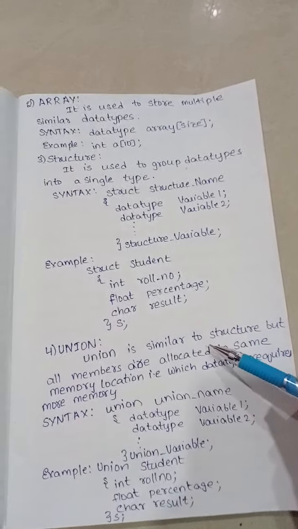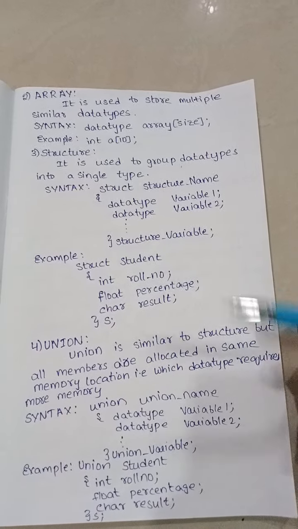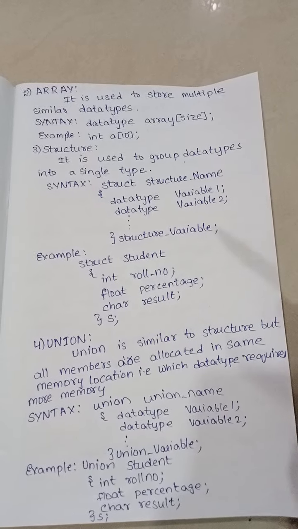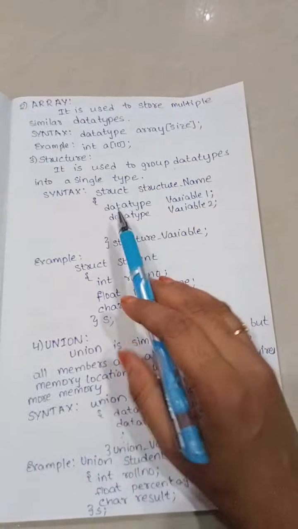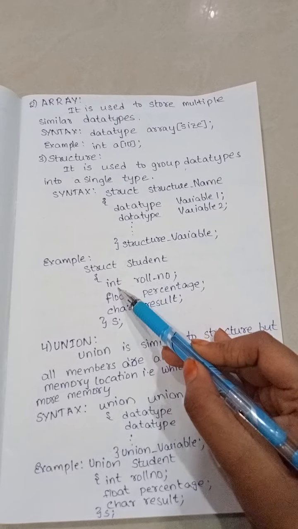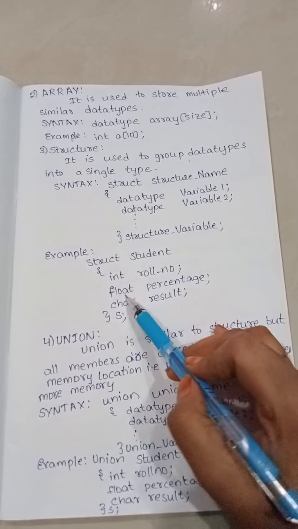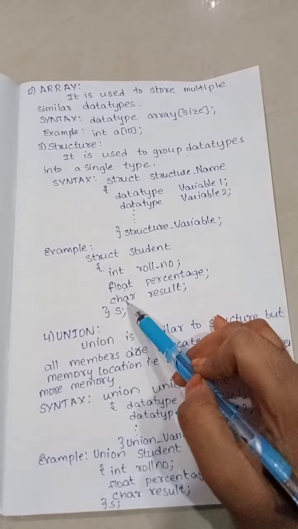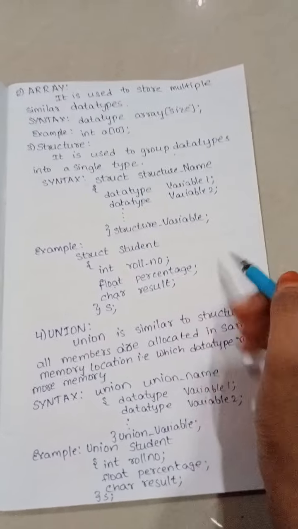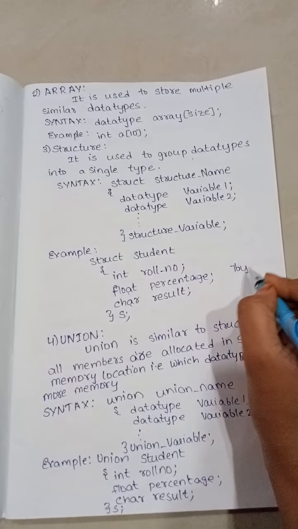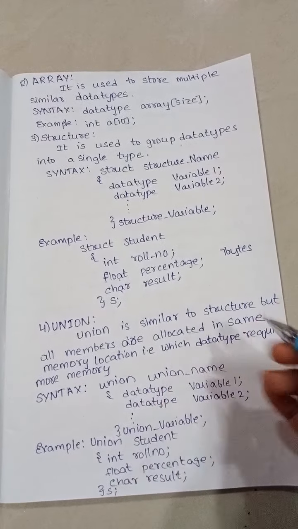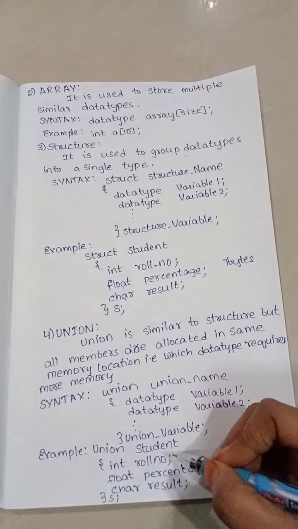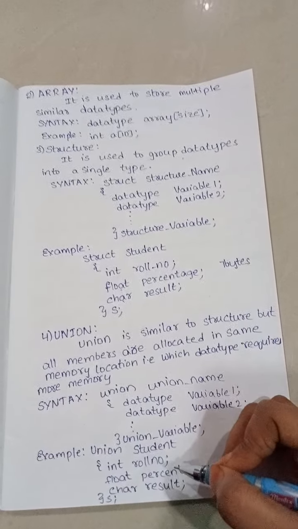And next one is union. Union and structures are similar, but the only difference is memory allocation. In a structure, it will allocate memory for int as 2 bytes, float as 4 bytes, and character as 1 byte. Totally it requires 7 bytes. But in a union, it will allocate the memory of the member data type that has the highest byte allocation.